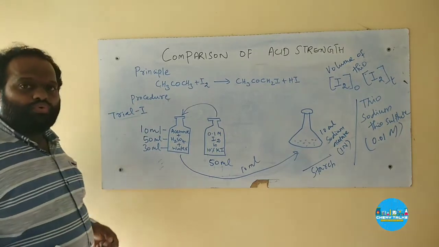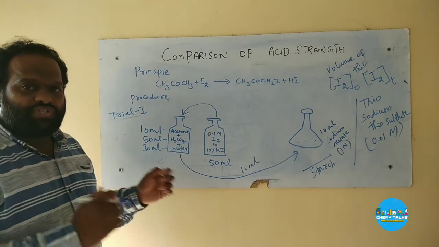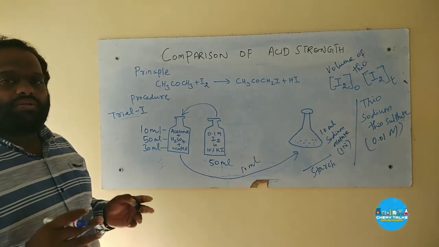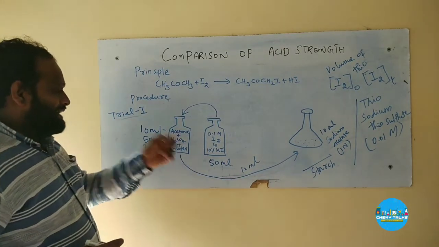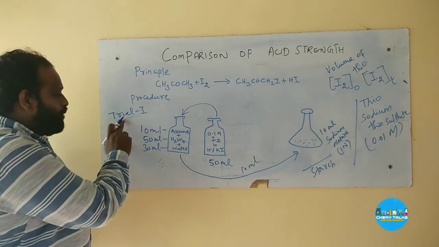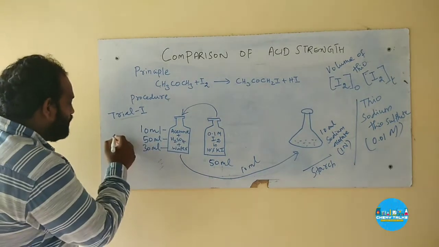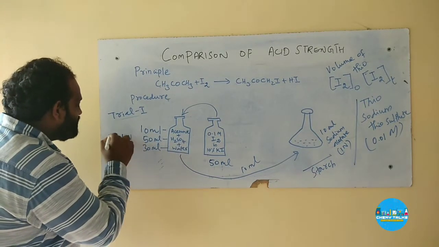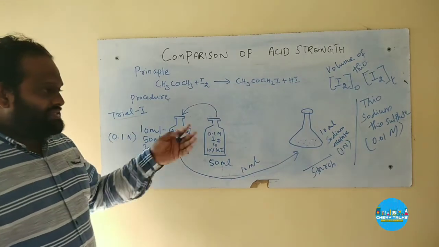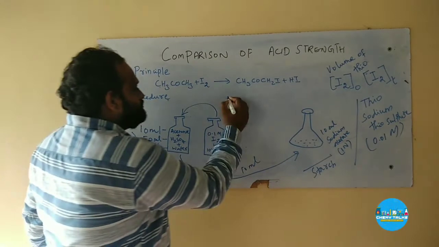We have to do 2 more trials by employing the same procedure, but the concentration of the catalyst, sulfuric acid, is different. In trial 1, the 50 ml of sulfuric acid is of 0.1 normal concentration. The same procedure is repeated in trial 2 and trial 3.